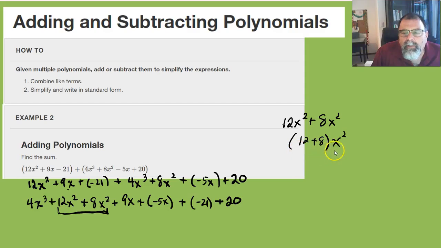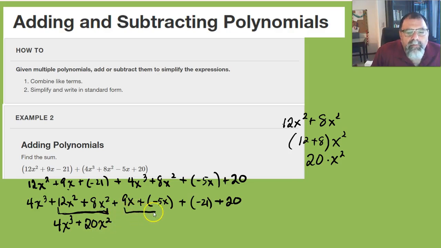Again, we don't typically write this down, we just think it in our head. 12 plus 8 is 20, and 20 times x squared is 20x squared. We call that process combining like terms.